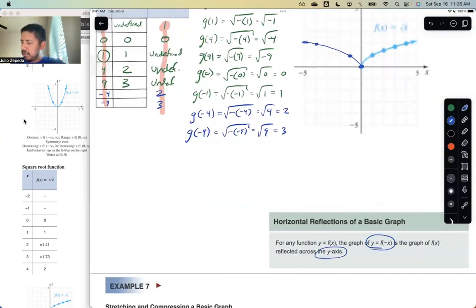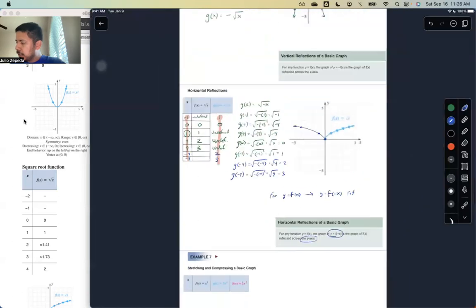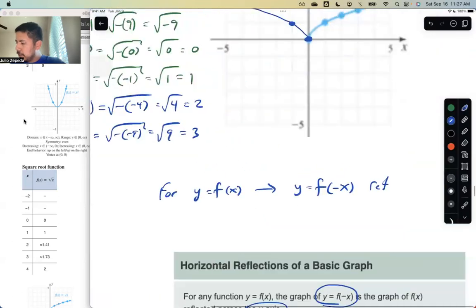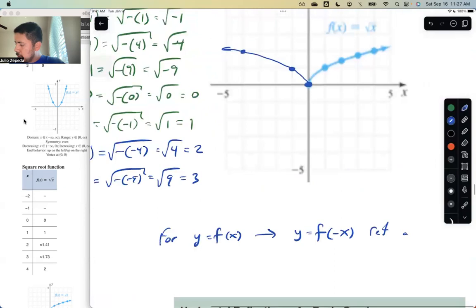It's somewhat subtle. So y equals f of negative x, we said, is reflected across the y-axis.